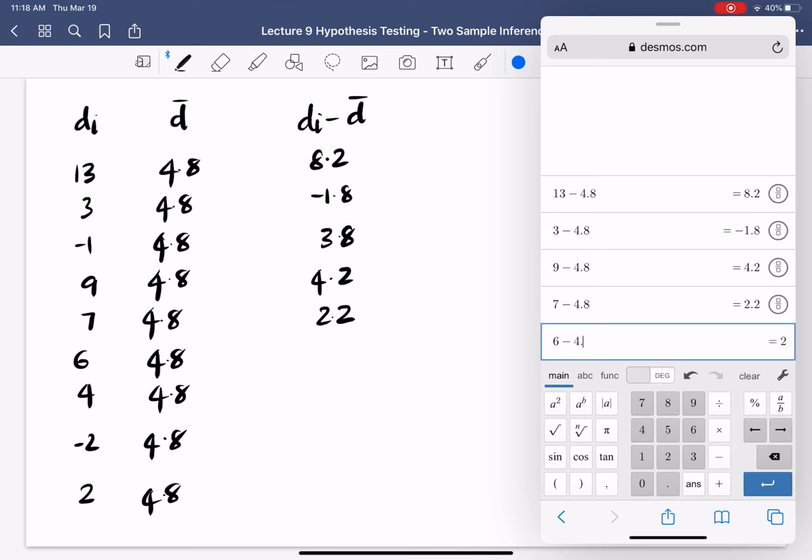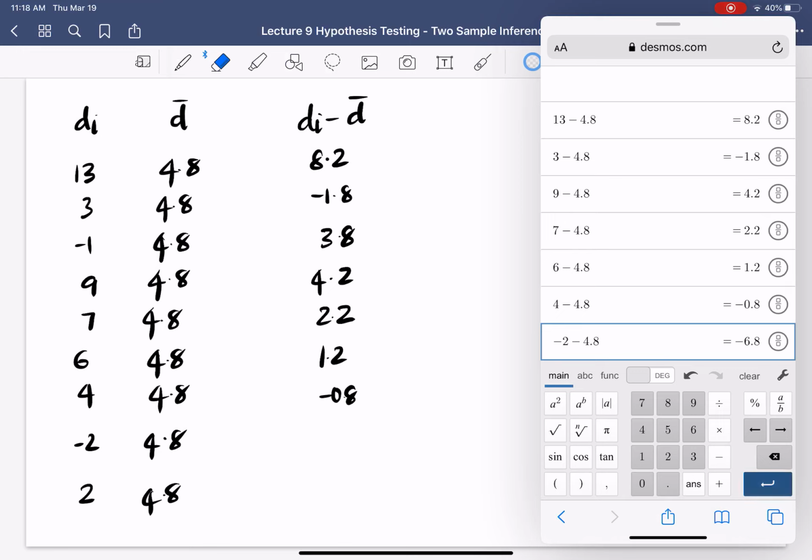Next you have 6 minus 4.8, which is 1.2. 4 minus 4.8 gives you negative 0.8. Next you have minus 2 minus 4.8, which is minus 6.8. So you have 2 minus 4.8, so you get minus 2.8. So these are the values that we have.